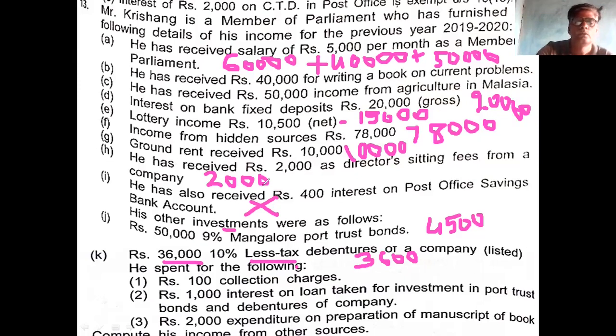2,73,000 plus 2,000, 2,75,000. Then plus 4,500 interest plus 3,600, this total is 2,83,100.